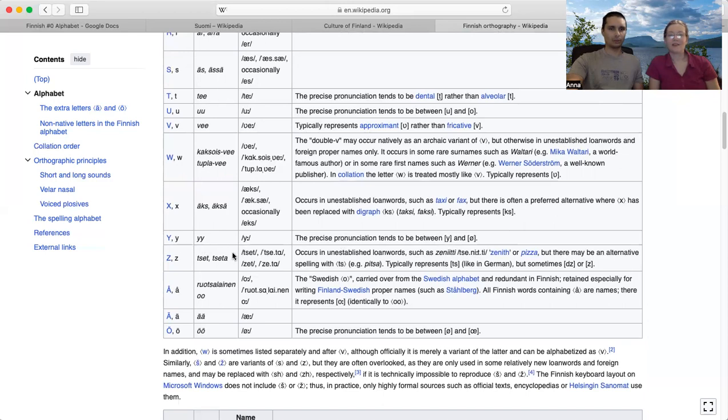Y. This one is tricky for foreigners. Was it for you? No, it wasn't for me because I used to be a phonetics teacher. But as far as I came across different students, it was a real problem for them.